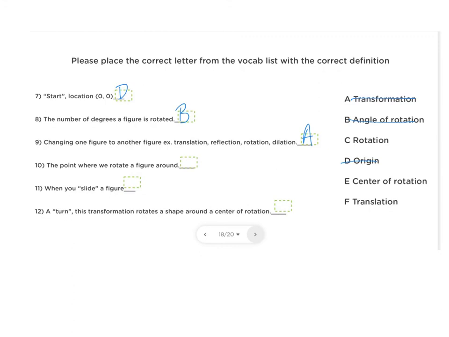The point where we rotate a figure around is called E, the center of rotation. When you slide a figure, that's called a translation, so that's F. A turn, this transformation rotates the shape around a center point. This is called a rotation.